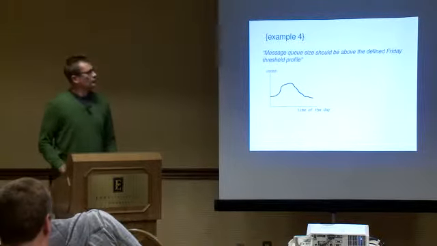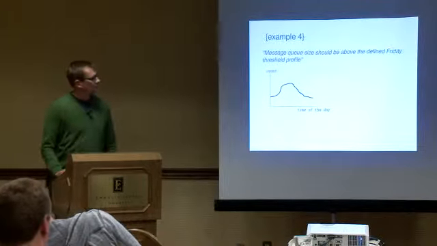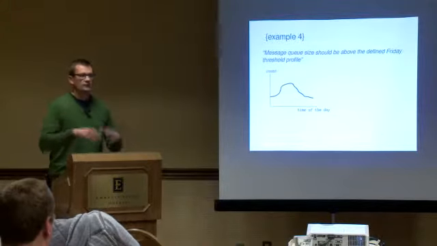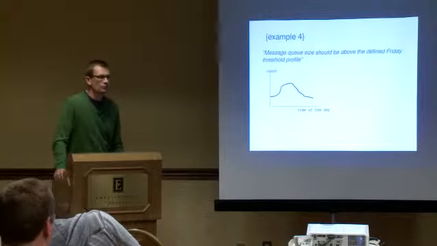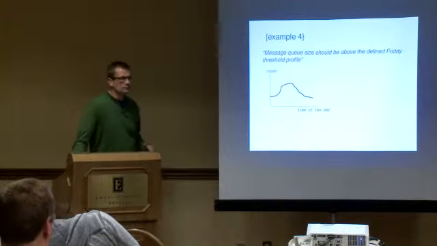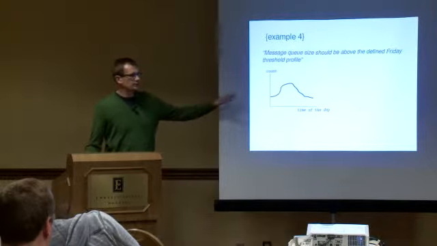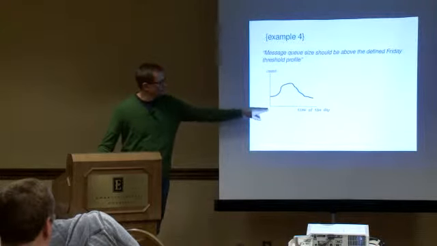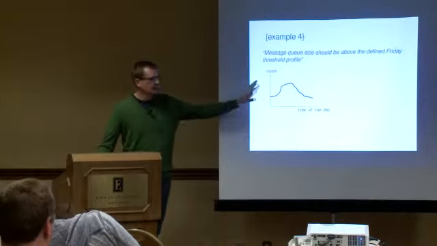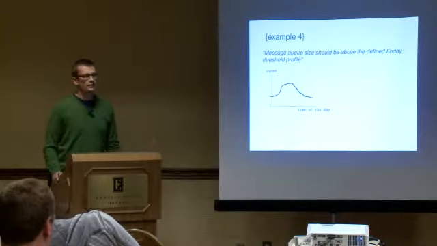In this last example, and then I won't bother you anymore, we have some sort of message queue with some random information getting into it, and it typically has a load variation. In this case, the load variation is important because sometime during the day it's very different. It's very low in the morning and the afternoon, but it peaks during the day.